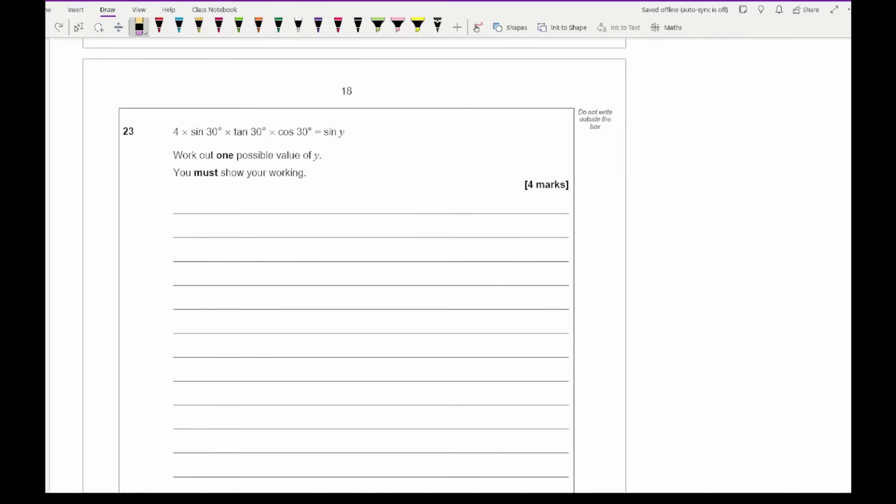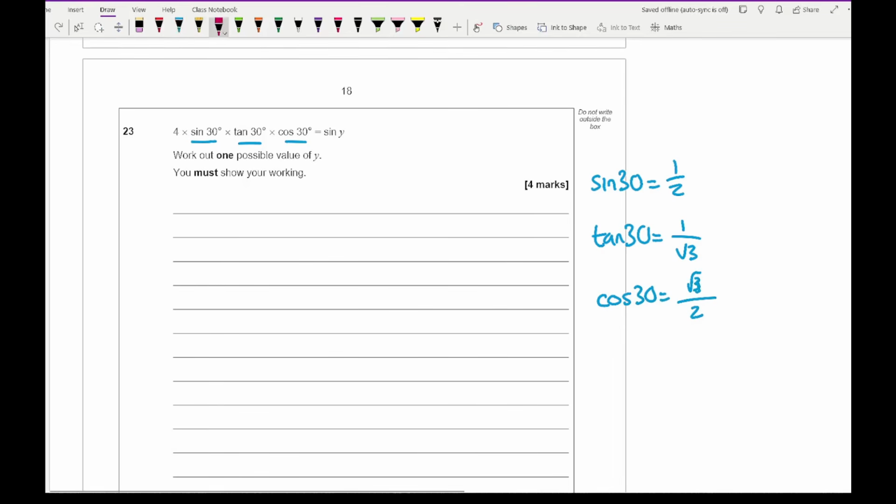So then moving on to question 23, it says 4 times sine 30 times tan 30 times cos 30 equals sine y. Work out one possible value of y. So first things first, let's recall these exact values of trig. Sine 30 is equal to a half. Tan 30 is equal to 1 over root 3. And cos 30 is root 3 over 2.